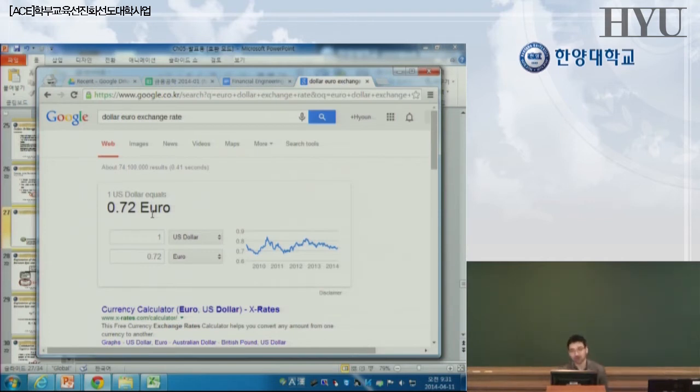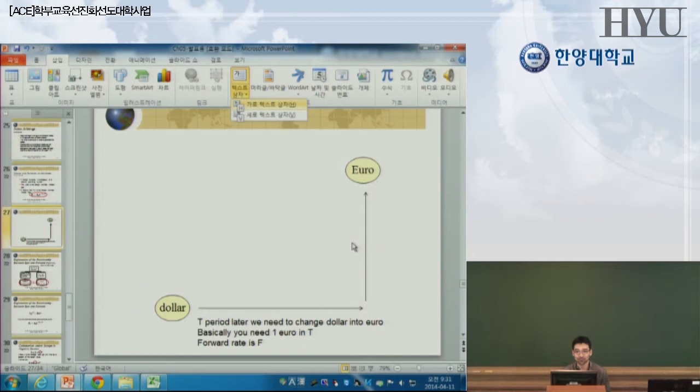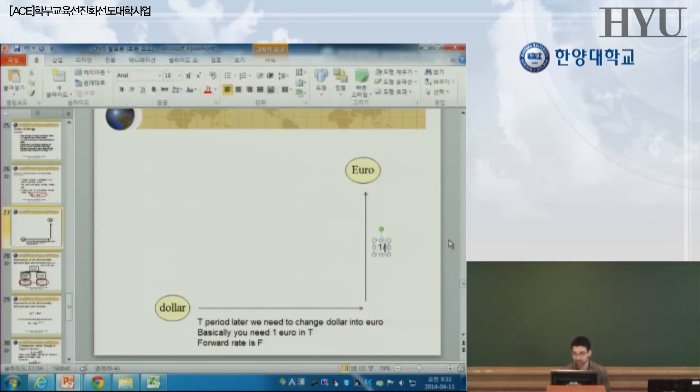The forward rate is exactly like that. So if you need 1 euro, you need basically 1 over F dollar, and then 1 over F dollar becomes euro. So you need 1 over F dollar around here.